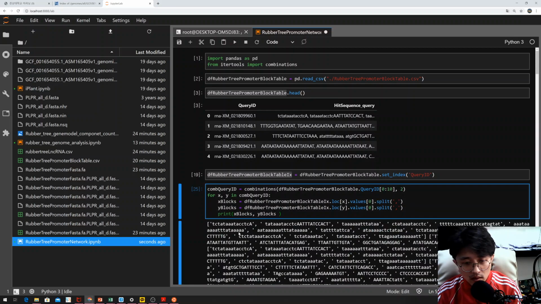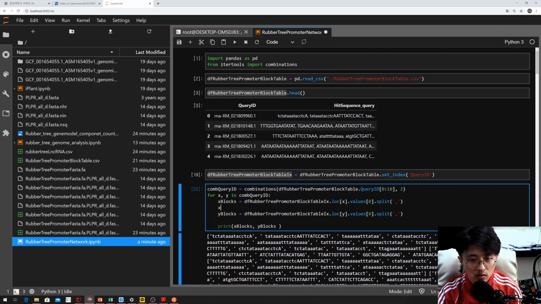Okay. The problem is it has blanks because I intentionally added blanks for good visualization, but this is problematic when you do analysis. So I will erase these blanks. How do you erase these blanks?